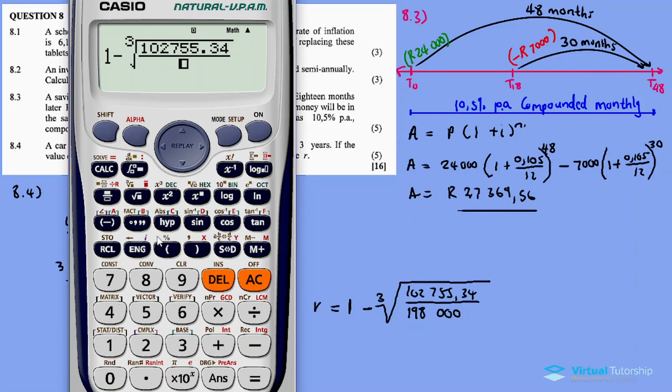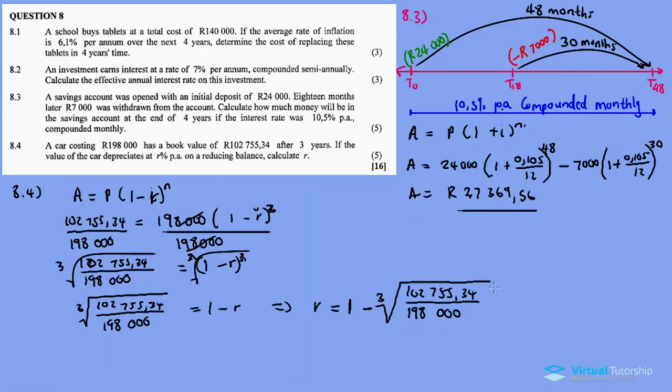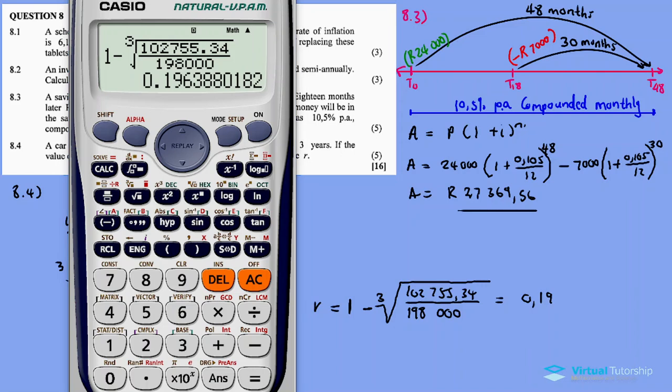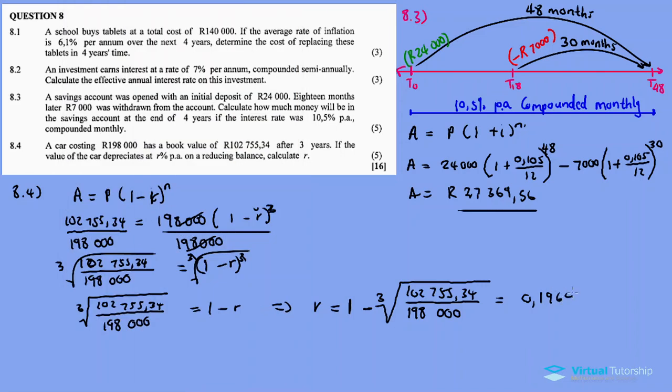102,755.34 divided by 198,123. Answer 0.1964, in 4 decimal places. And then the final answer is about 19.64%.